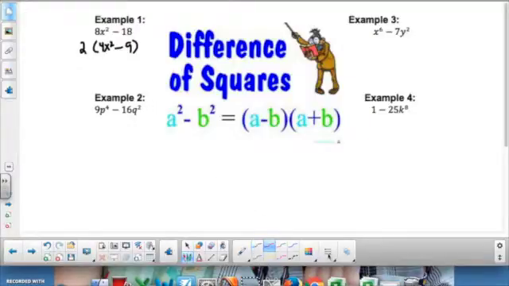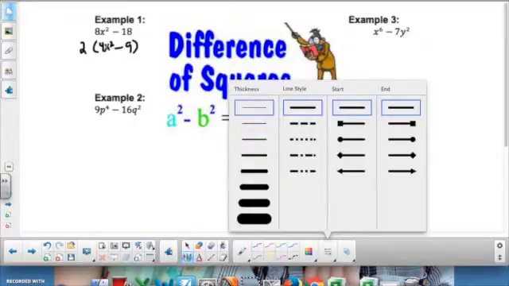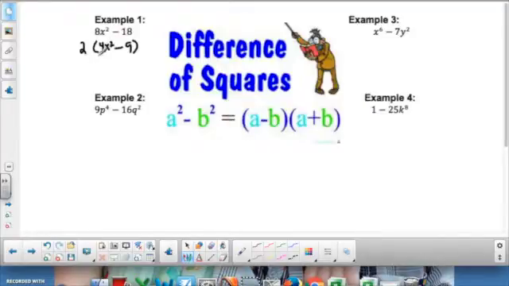Now I have a difference of squares, because now 4 is 2 times 2, and x squared is x times x. That means I have 2x squared minus, and then 9 is 3 times 3, so minus 3 squared.